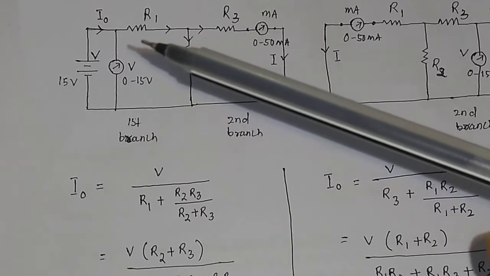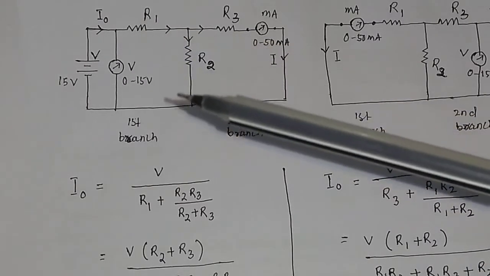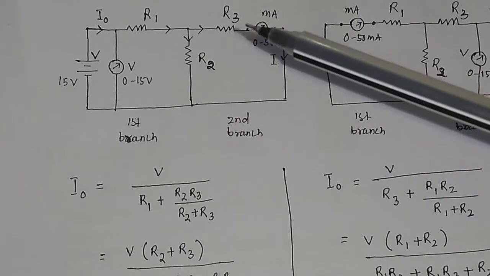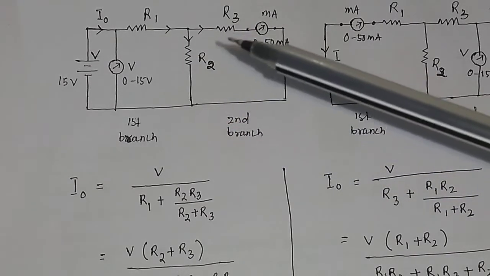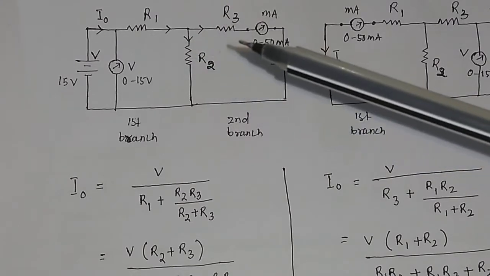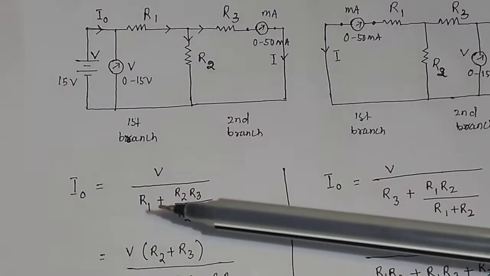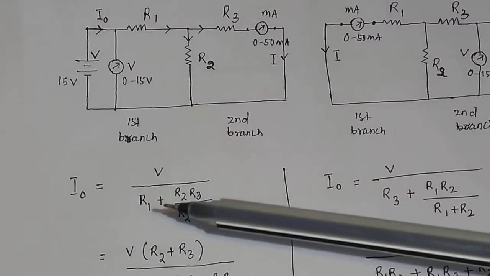You see, resistance R1 is connected to the effective resistance of R3 and R2. R2 and R3 are in parallel, and their combined resistance is connected in series with R1. So this will be the total resistance.